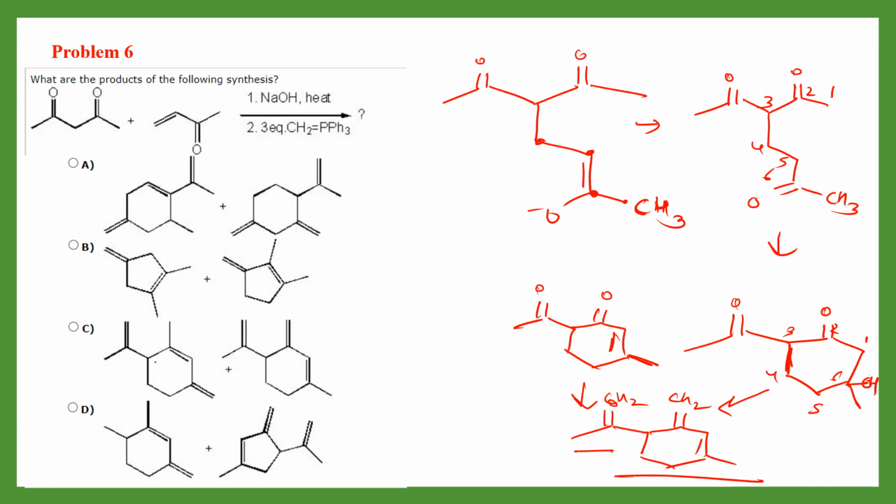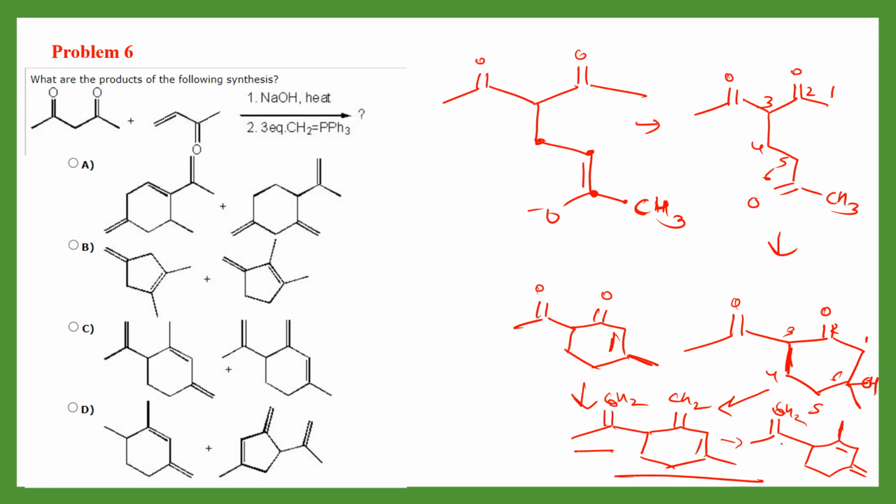Okay, then this is going to form. Actually, a system of this type can isomerize also. Sorry, CH2. It can form here, here, and here.